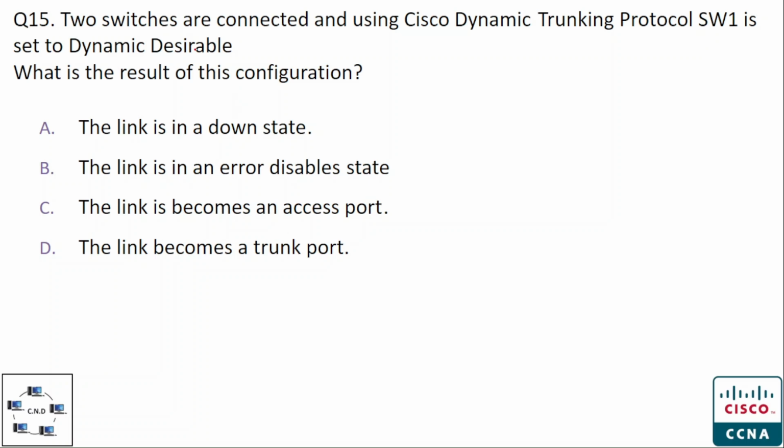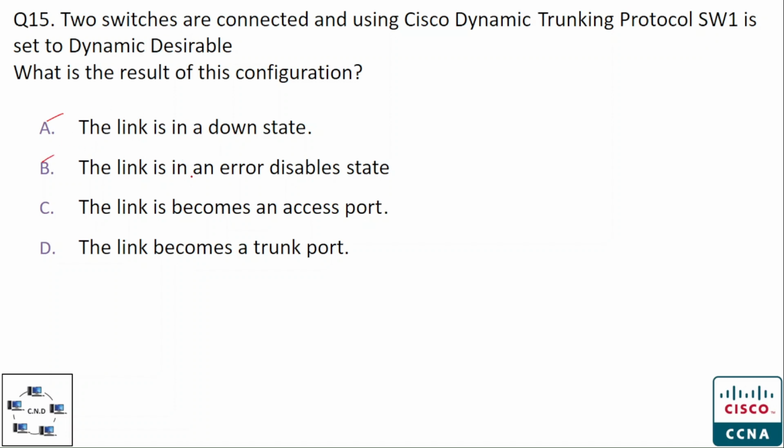Question number 15. Two switches are connected and using Cisco Dynamic Trunking Protocol. SW1 is set to dynamic desirable. What is the result of this configuration? And the options are option A, the link is in a down state.